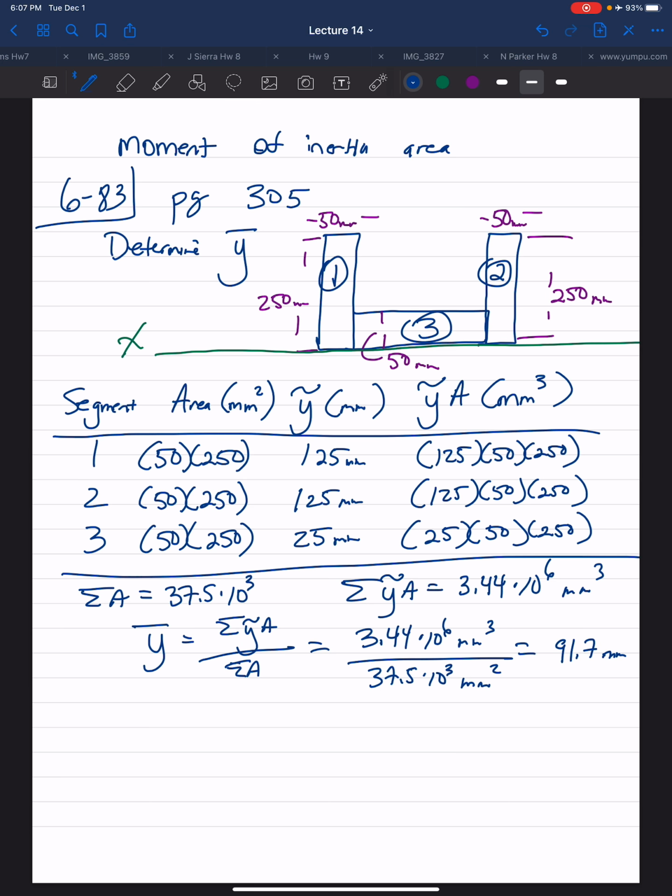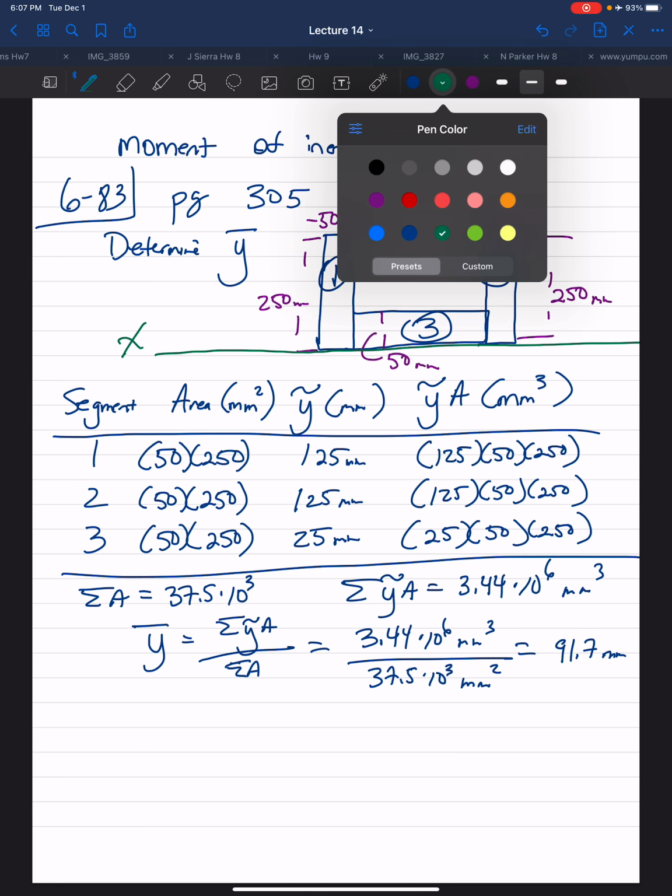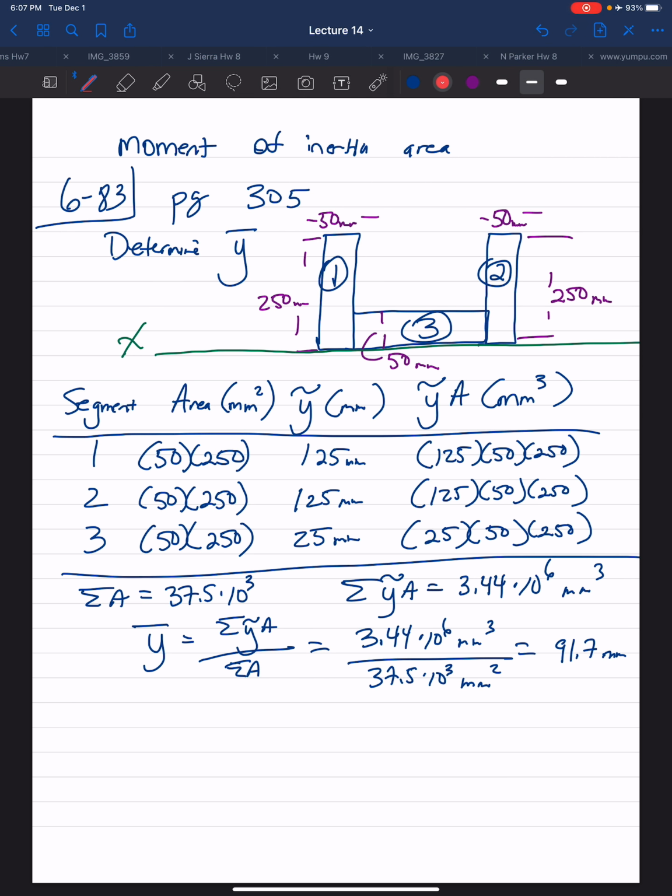So that is the location of our centroidal axis of this irregular shape. So basically, this distance here will be our y bar. So that's the first part of the problem.